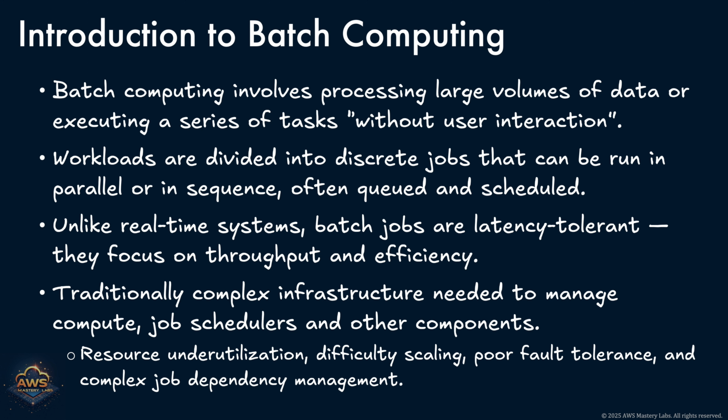Cloud-based solutions like AWS Batch completely reimagine this model. Instead of managing servers and queues yourself, AWS Batch handles compute provisioning, scaling, and job orchestration for you, on demand. You submit a job, define your requirements, and Batch spins up exactly what you need, whether it's a single container or thousands running in parallel.